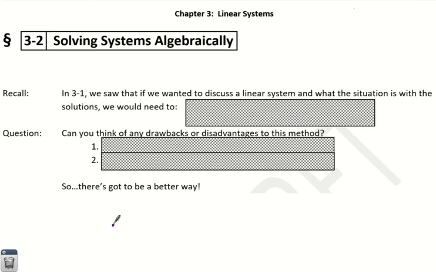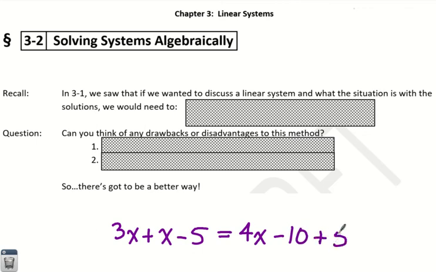So let's say you had 3x plus x minus 5 equals 4x minus 10 plus 5. We are going back to the days of a single variable equation and solving for that variable. If you let this equation play out, you would end up figuring out that there are infinitely many solutions to this equation.